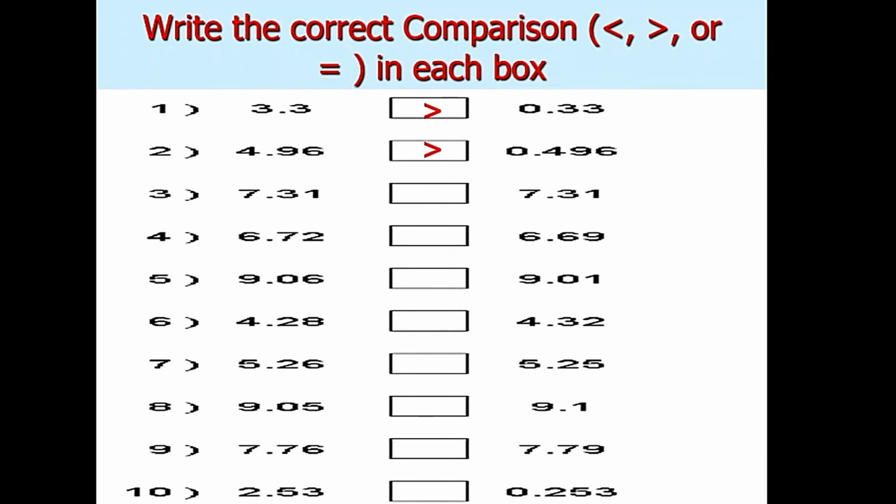Number 3. It's equal to. Number 4. It's greater than. Number 5. It's greater than.